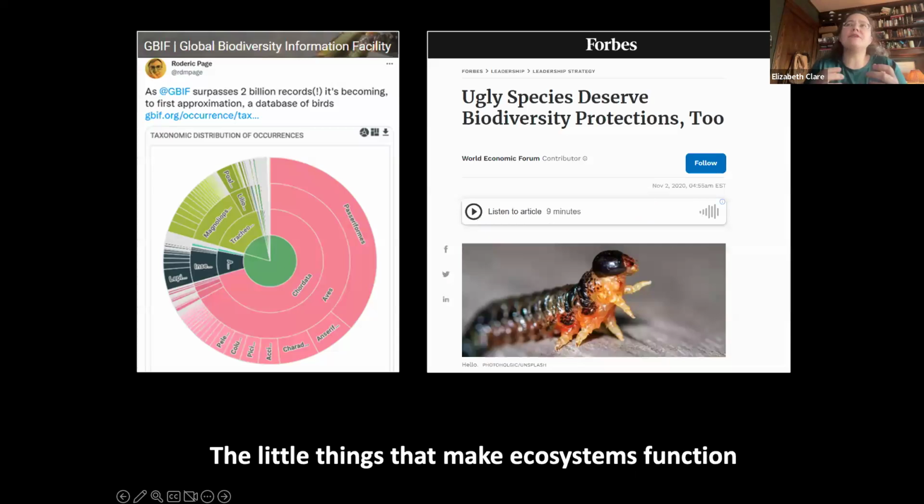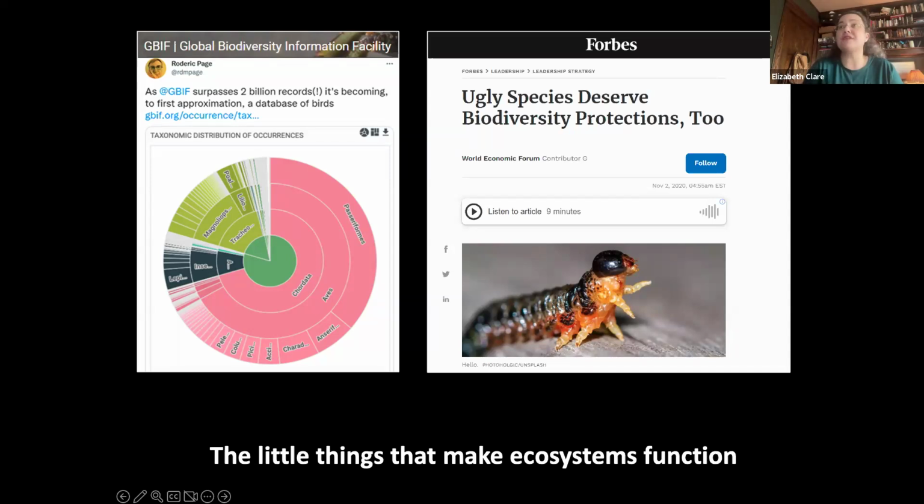But if we took up the information that we actually collect, and here's a really good example that was taken from a news article a couple years ago. GBIF is one of the online tools for tracking biodiversity information. And there was this running joke for a while that it's basically a database about birds, that most of what we collect in terms of observational data is about stuff we like to follow and things like bird watching.